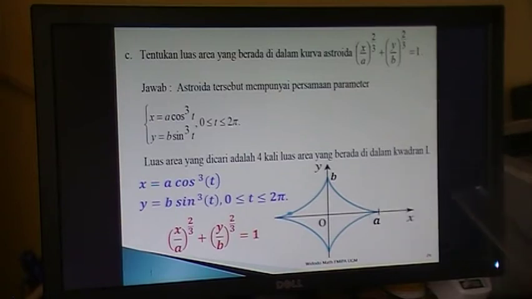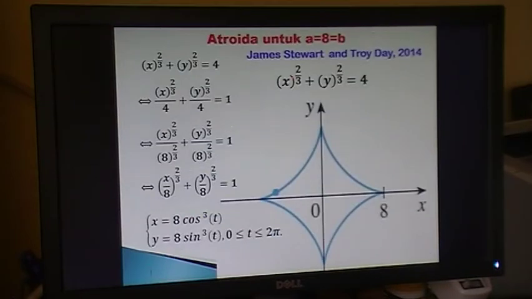I think it is well known by every student, because you can see this equation in Calculus 1. So how can we find the area of the asteroid? We want to find it by using the formula of area by definite integral, which we will see.